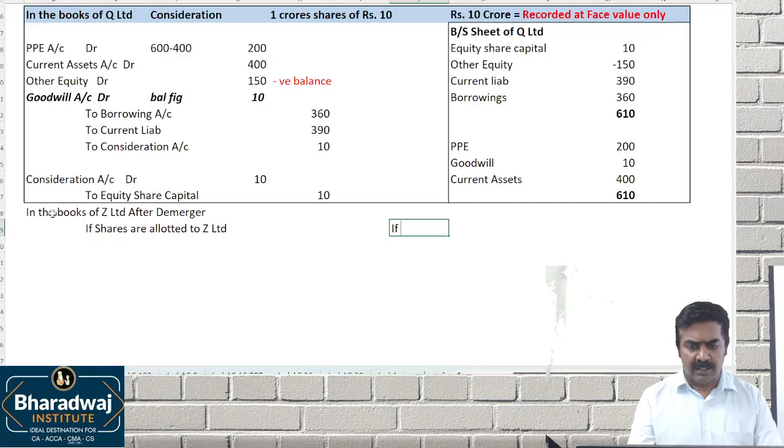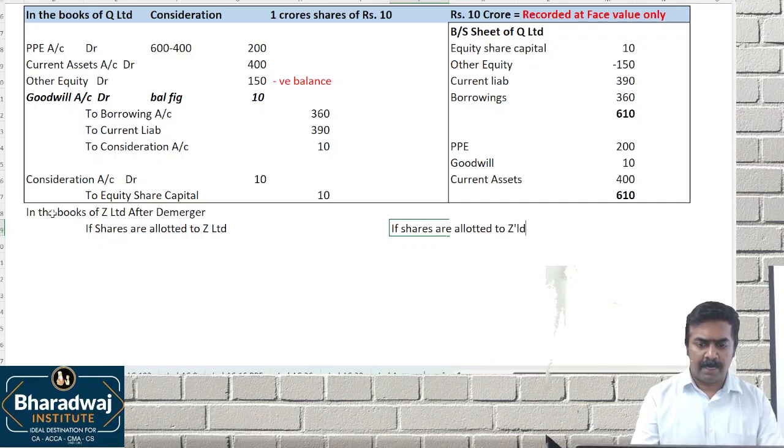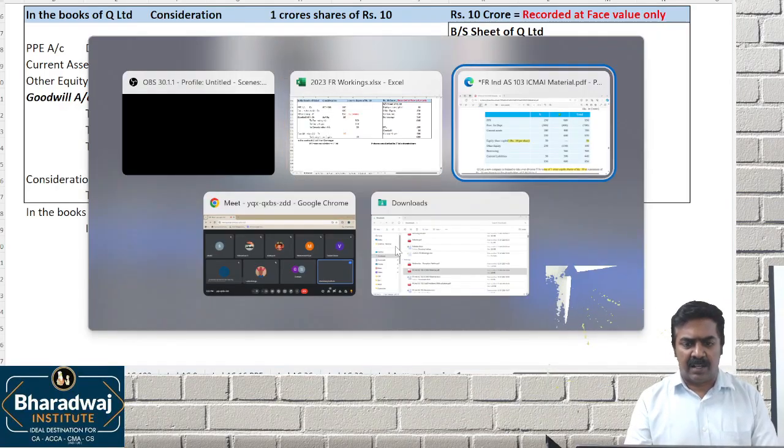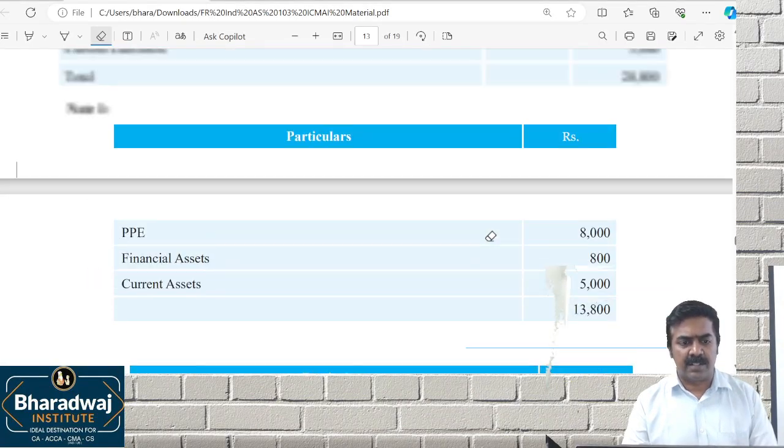Next, if shares are allotted to Z Limited shareholders, they will give to our shareholders. Wait. I'll do this first, then you will understand it easily. If shares are allotted to Z Limited shareholders, simple.